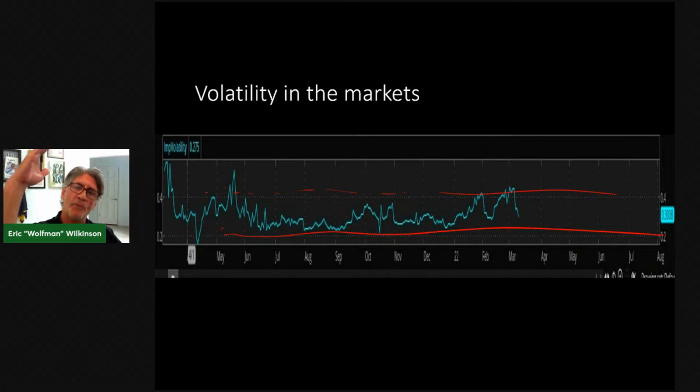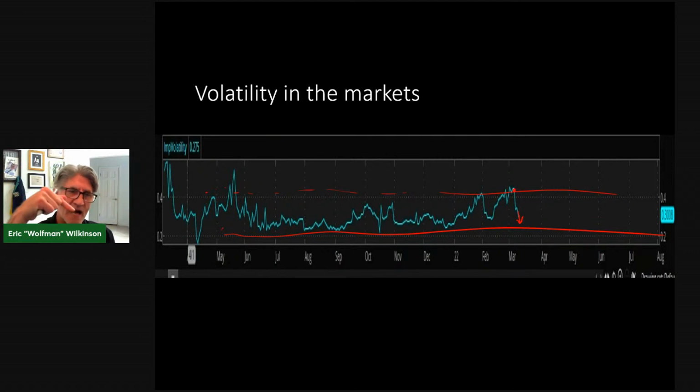Once it hits that upper band, what does that mean? What does that tell me? If it comes up to this band, I know those prices are expensive. This is starting to come down. What is that telling me is happening to the prices in the options? I'm not even talking about the underlying right now, just the options prices.